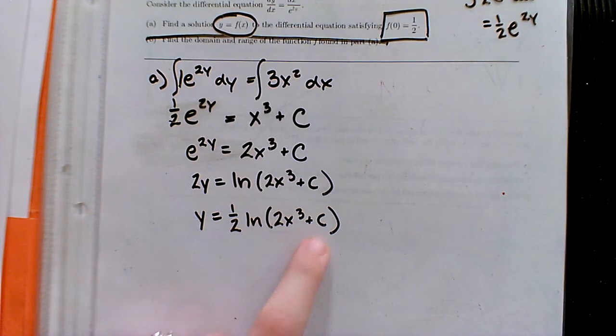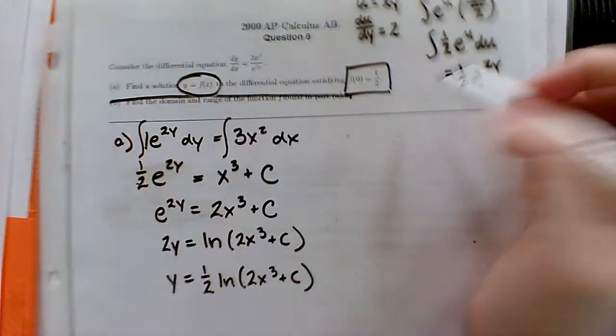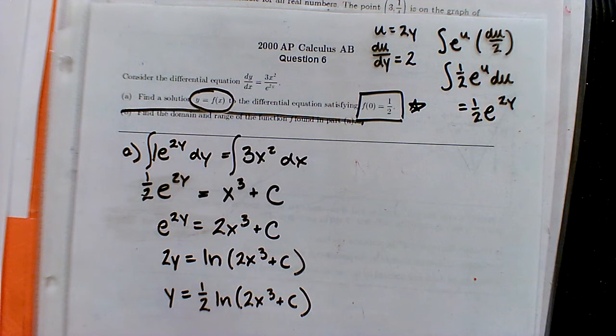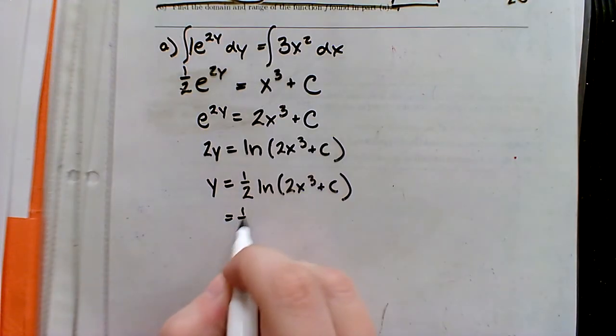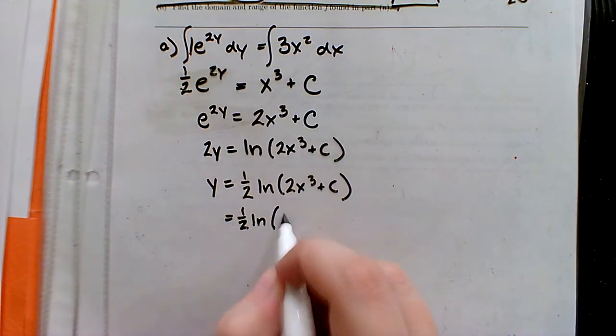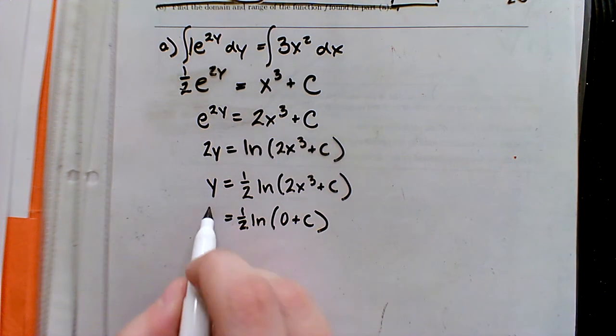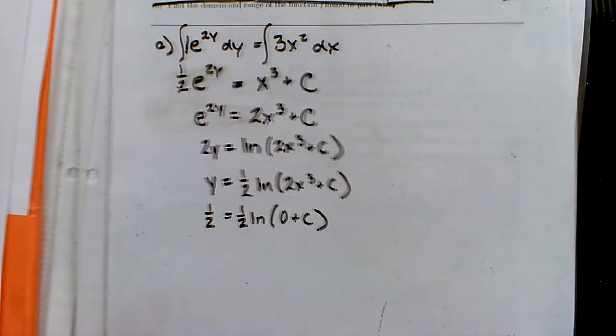How can we figure out what c is? We're going to go ahead and plug in that point, that condition or ordered pair they gave us. So if we plug in 0 for x, we should get 1/2.